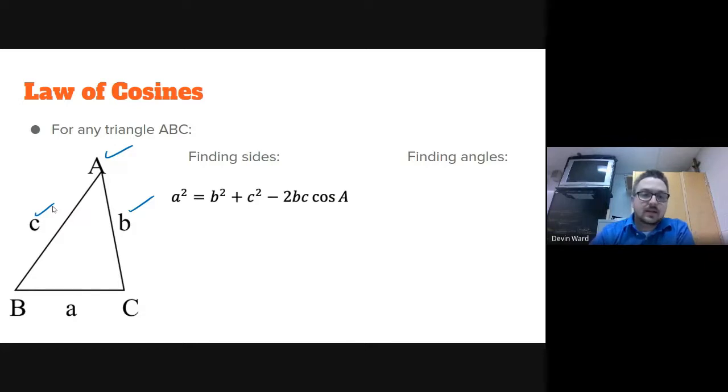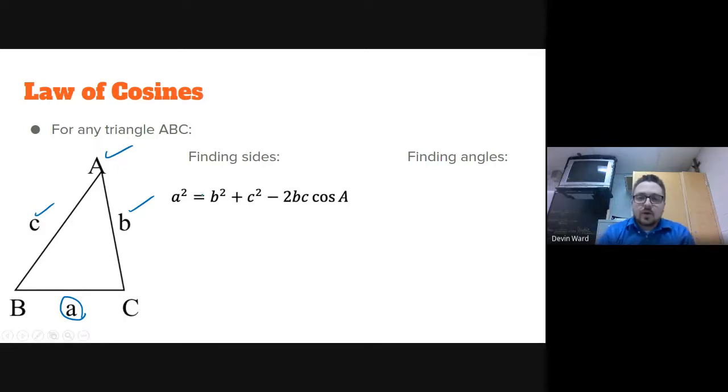So to find side A, it would be a squared is equal to b squared plus c squared minus 2bc cosine of angle A. Okay, so we know B, we know C, and we know A. So we can use this formula to find out what A is. We just have to take the square root of both sides.